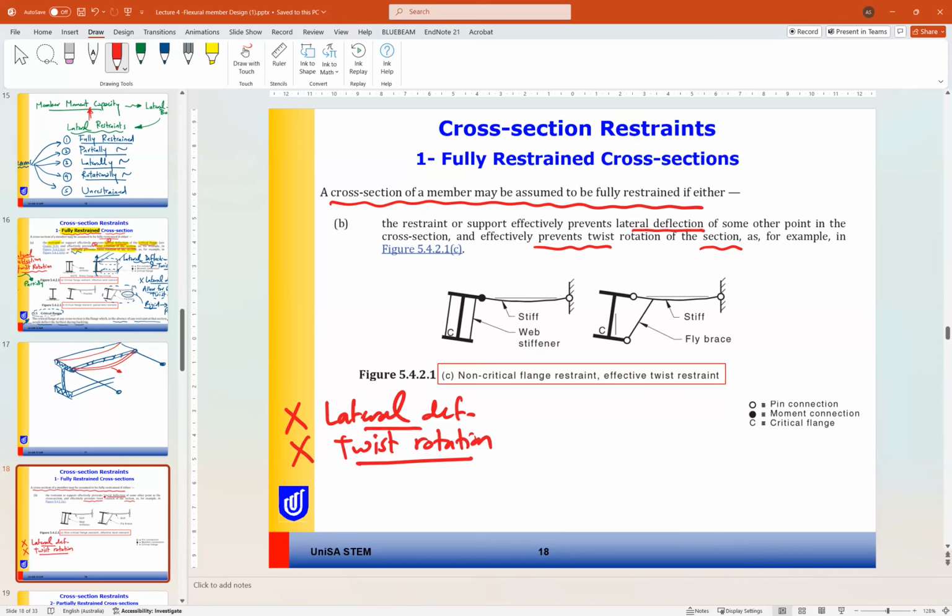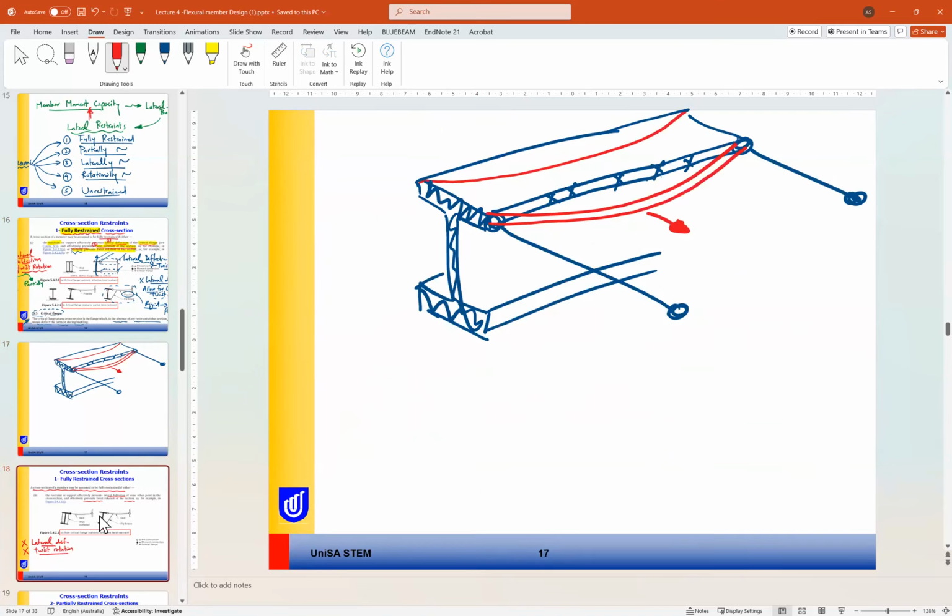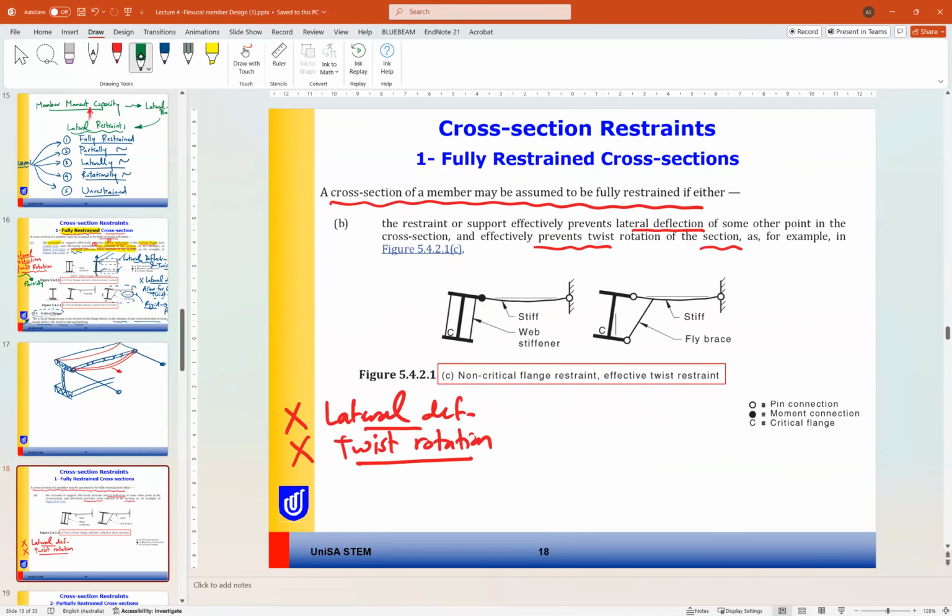The example here is similar to the example we had before, but instead of a flexible member, we have a stiff member. So this is a stiff member, so it prevents lateral deformation, no lateral deformation, and no twist. So we can consider this a fully restrained member as well.